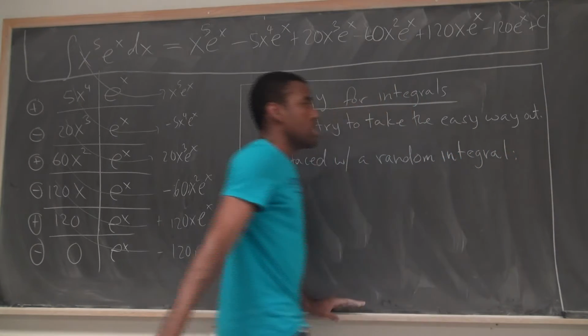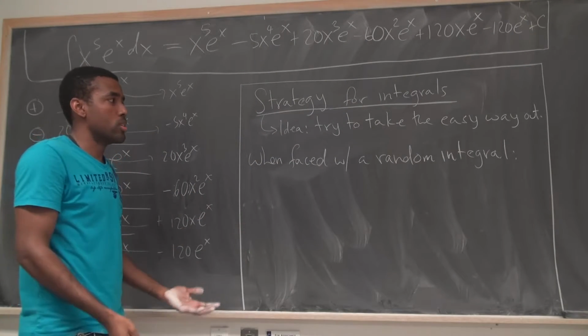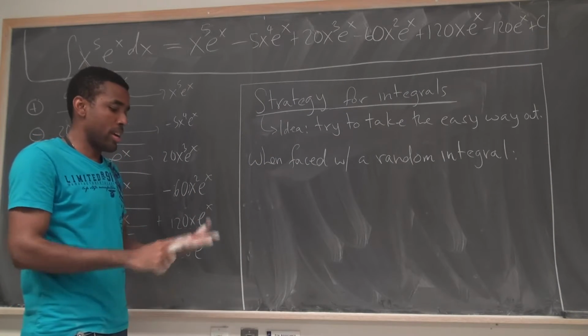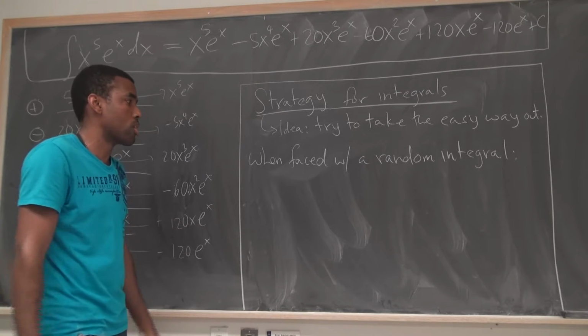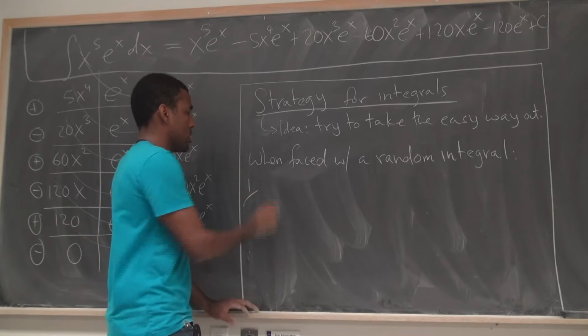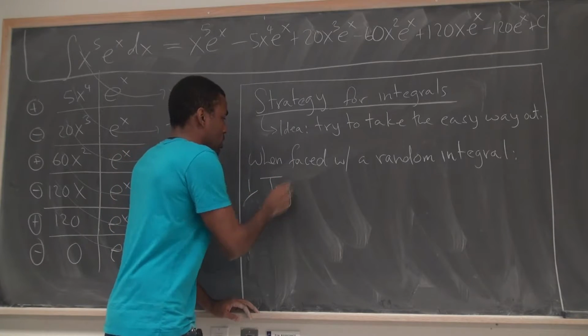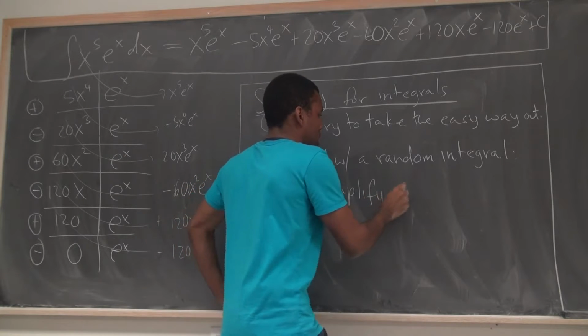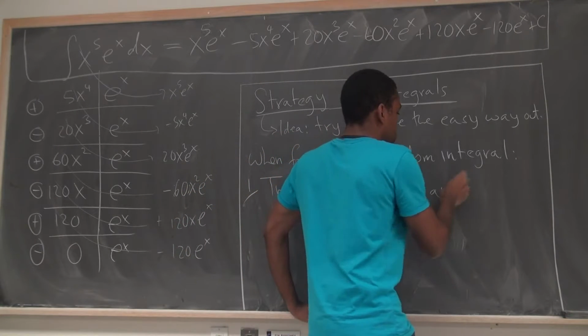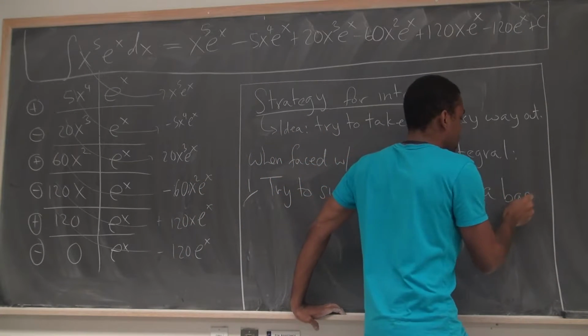how do you know what you're going to do? Because so far we have 3 major techniques. How do you know which one to choose? And we're going to get more along the way. One, try to simplify and apply a basic rule.